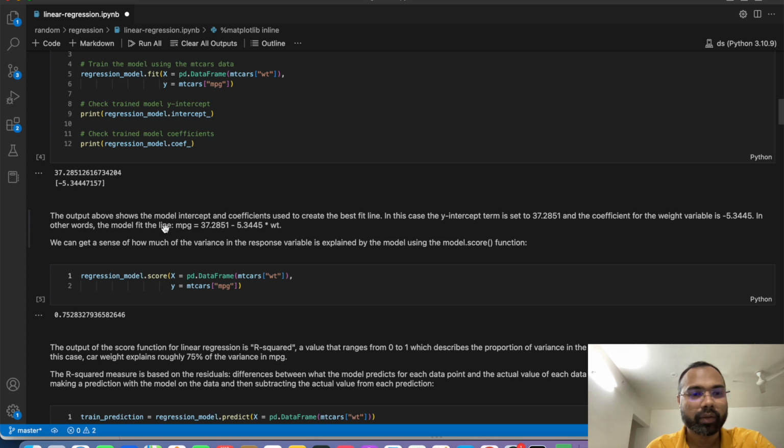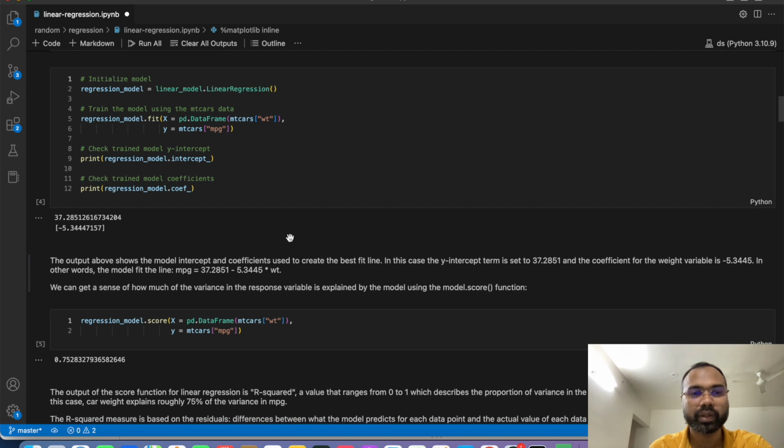In other words, the model fit line can be expressed like this. If you remember the previous equation, y is equal to b0 plus b1 into x1. Since this is univariate, dependent on only one variable that we are trying to predict, this will be the equation.